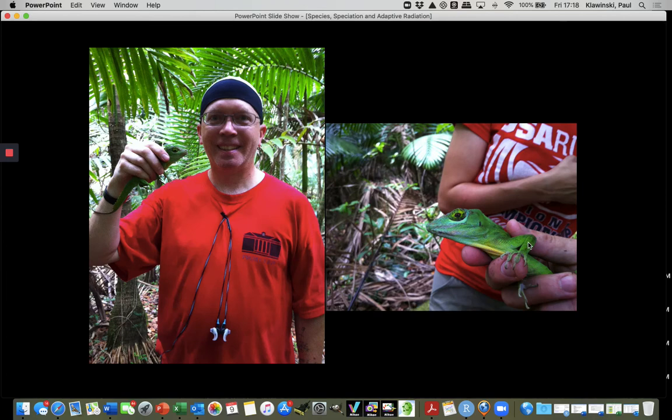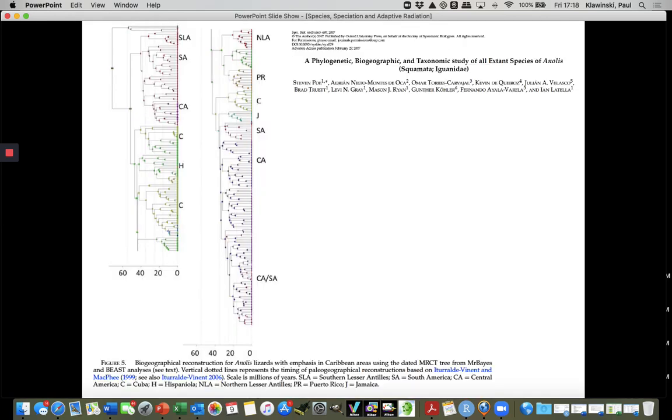A graduate student who was doing some survey work nearby also took this picture of me with the only Anolis cuvieri I've ever seen. So what has happened, if you look at this paper that was published in 2017, where they've done a phylogenetic analysis of all of the anole species in the world that are still around, you can see that these things are coded by island.